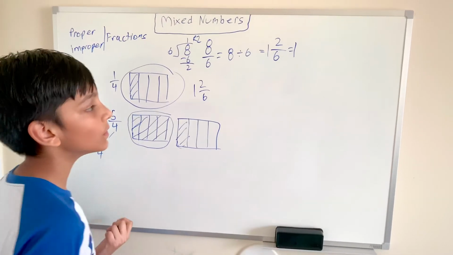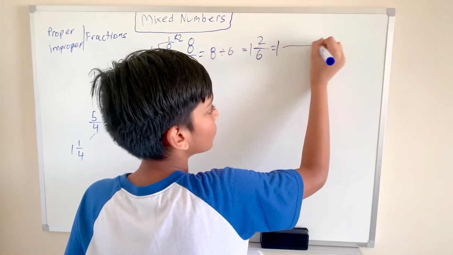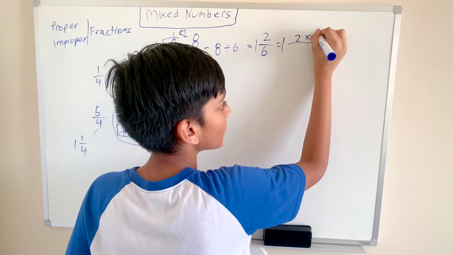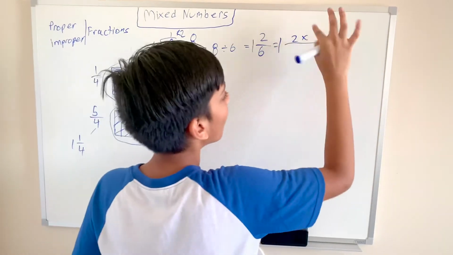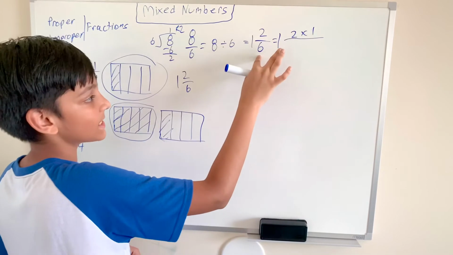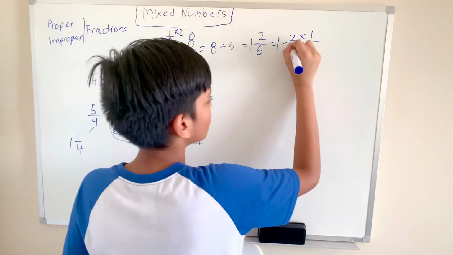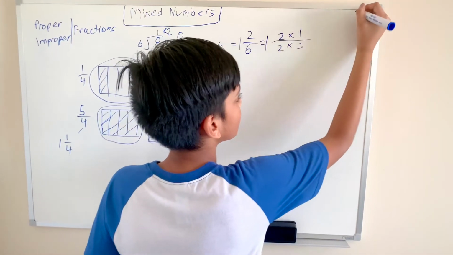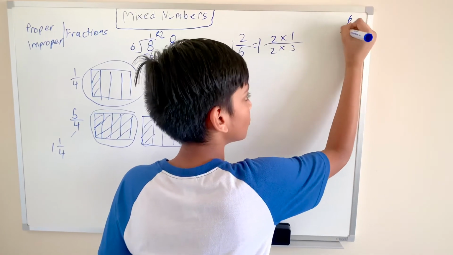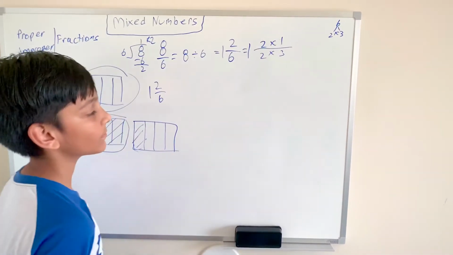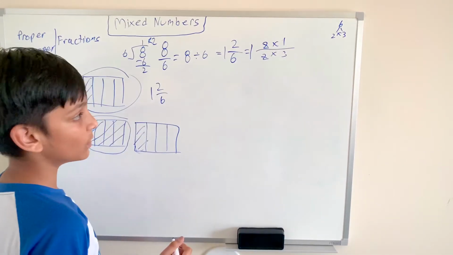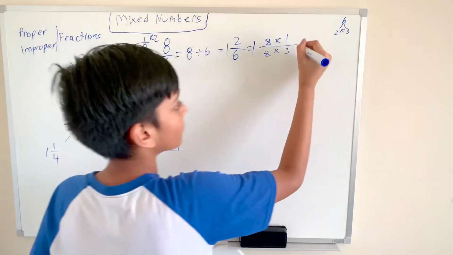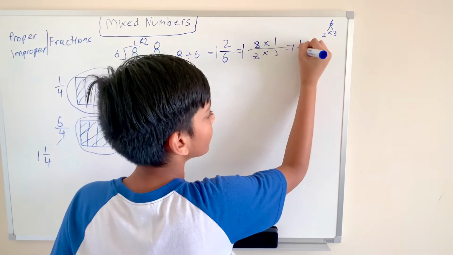So 2 is already a prime number, so we can just write 2 times 1, and then 6, we can just write 2 times 3, because that is what 6 would become. Now we can just cancel out the 2's, and then we are left with our answer, 1 1/3.